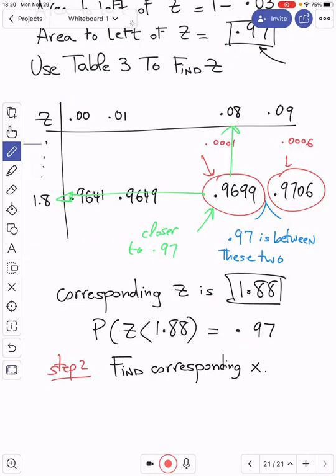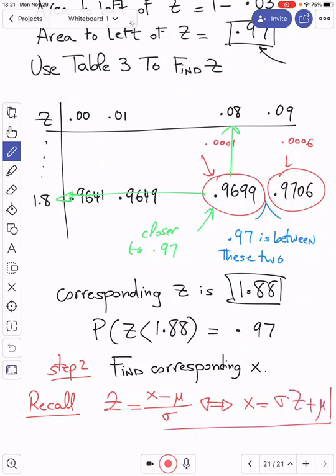Just to remind you, Z is equal to X minus mu over sigma. This is equivalent to X equal to sigma times Z plus mu. This is our change of variable.